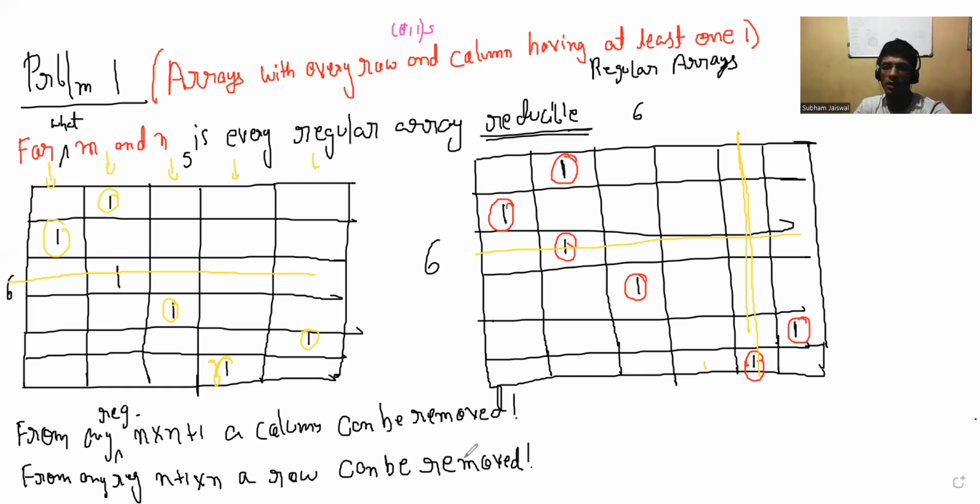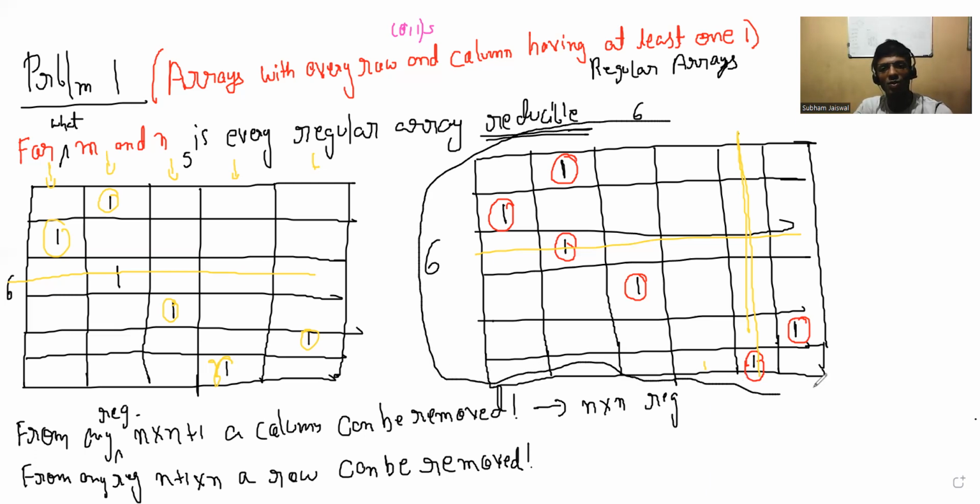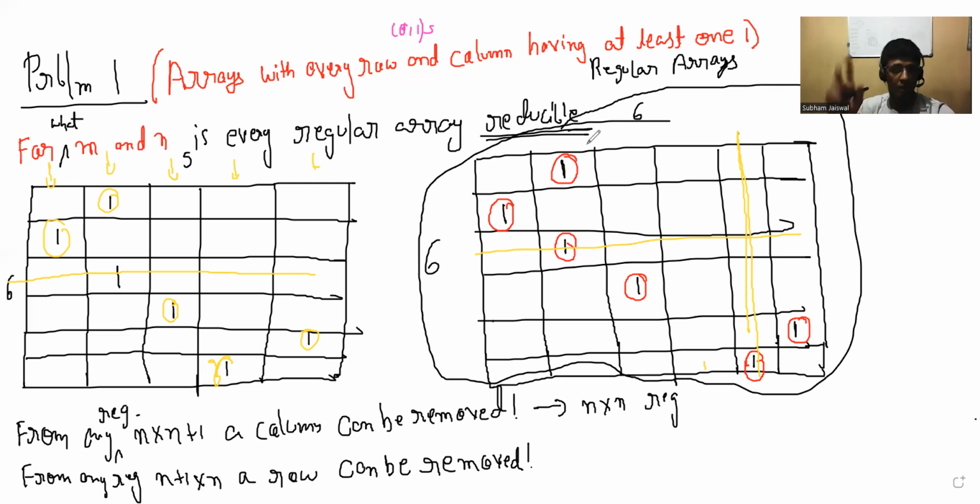But it's very interesting, because if you remove a column here, you end up with an n cross n regular case. And just now we have seen that from an n cross n case, a row can be removed, in the same way that I showed how a column can be removed from a square case.